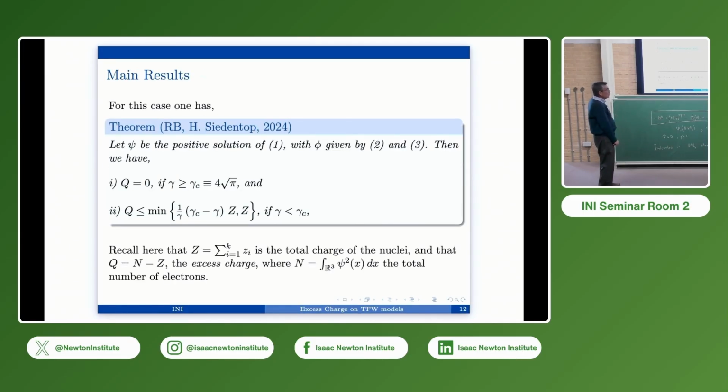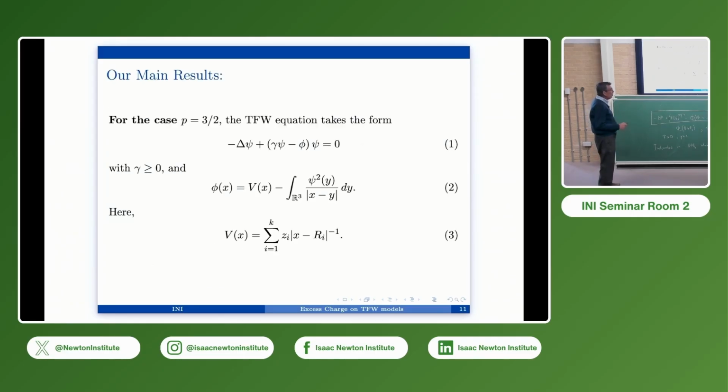And do you call it scale invariant? Why do you call it scale invariant? Phi is not scale invariant. The equation looks like it's scale invariant, but phi itself depends on psi squared. No, I mean, you can have a solution to this problem.